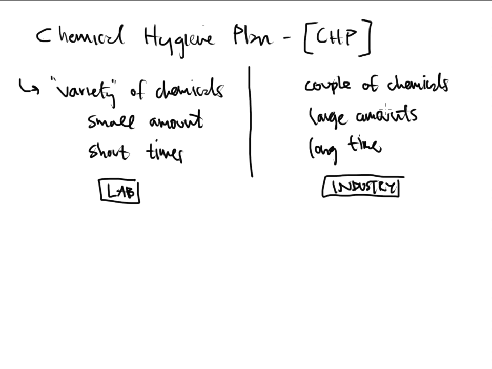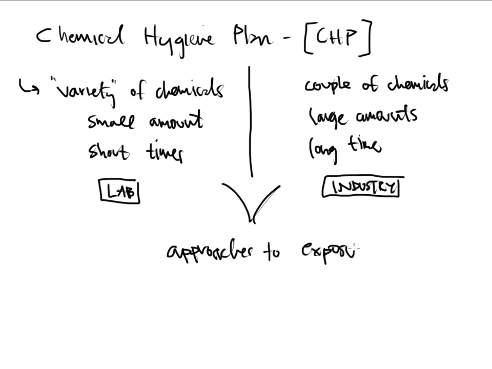So these two areas are completely different. The manufacturing industrial side is going to be completely different than the lab method or testing side. So each one of these will have their own idea or approaches to exposure.